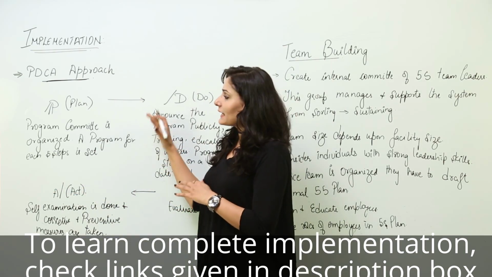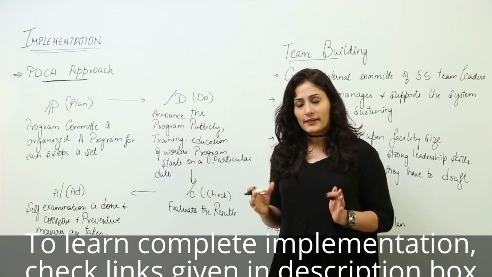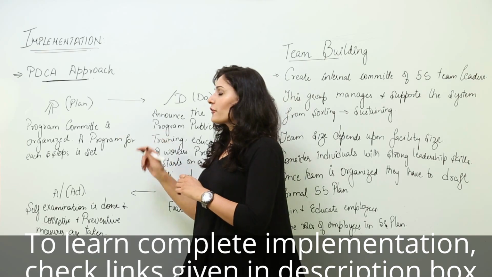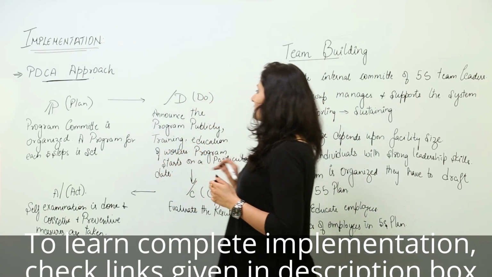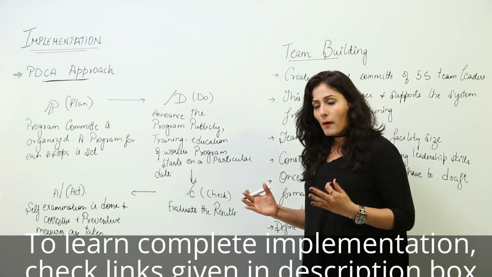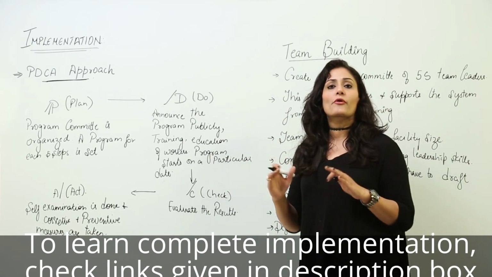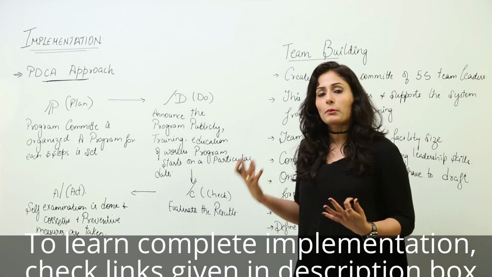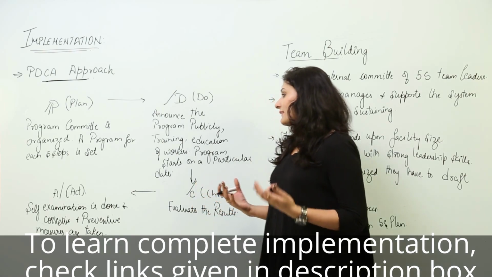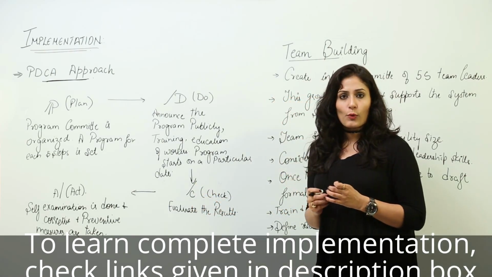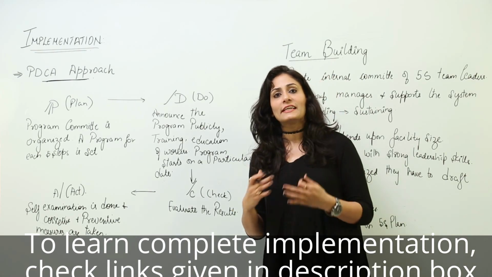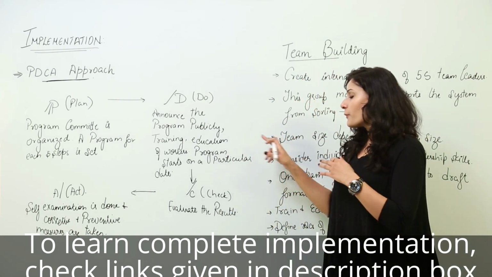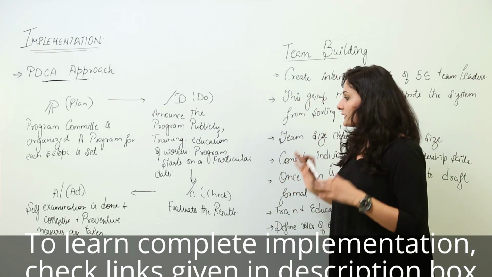Right, so in the planning part, the program committee is organized and a program for each of the 5S steps is decided. And then in the do part, you announce the program publicly that we are going to implement this program now. And then you train and educate your workers, and you start implementing this technique, starting cleaning techniques and all that. So the program starts on a particular day.